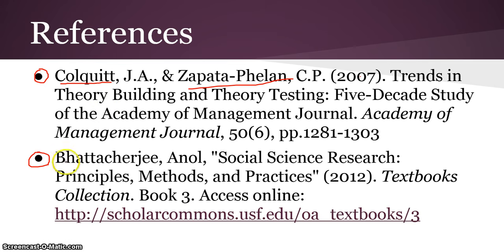The other thing that we're going to be taking a lot of information from today is this online textbook by Bhattacharjee, called Social Science Research: Principles, Methods, and Practices. Specifically, there is a section on theory and theory building and theory testing. So I will be borrowing heavily and quoting extensively from these two sources. Please do assume that all of the information comes from them and that I'm just putting my own spin on it.